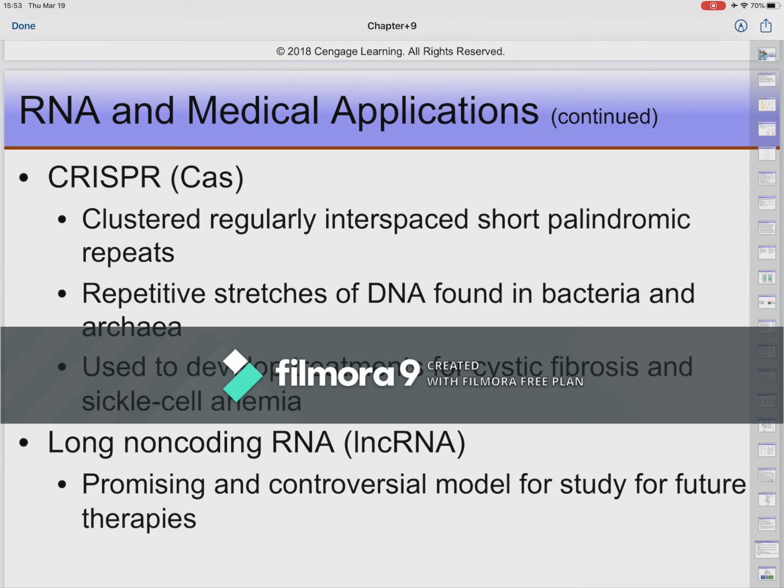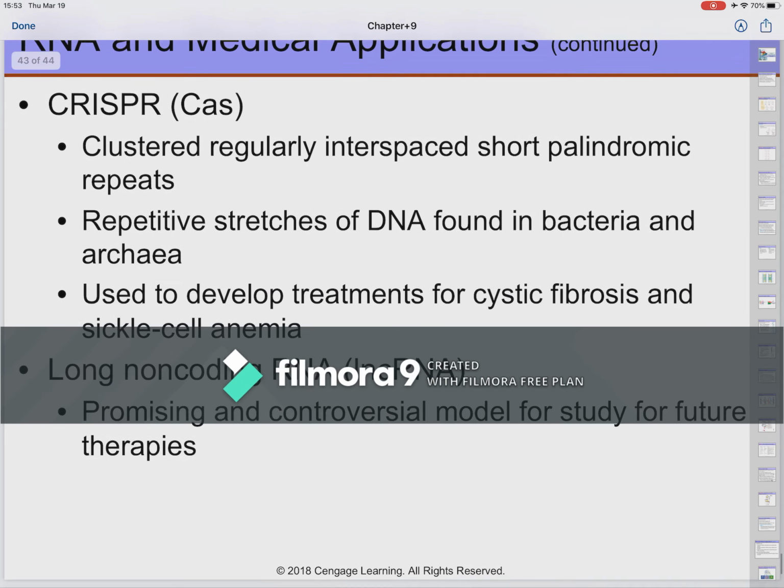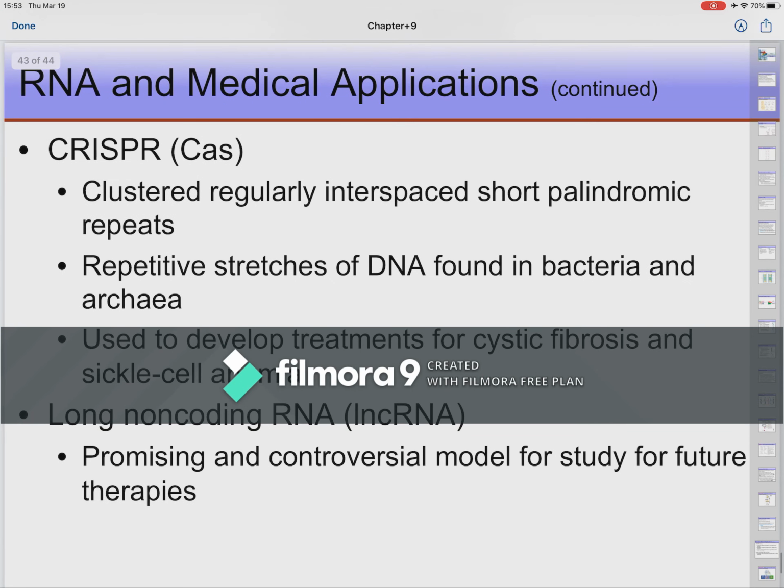So this has become the tool for gene editing: finding a gene, cutting it out, and then replacing it, or just cutting it out and seeing what that gene did. This is a hijacked system. Bacteria normally did this to fight viruses, and we were able to hijack that system and use it to do our own genomic investigations.